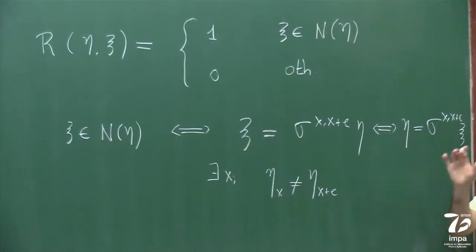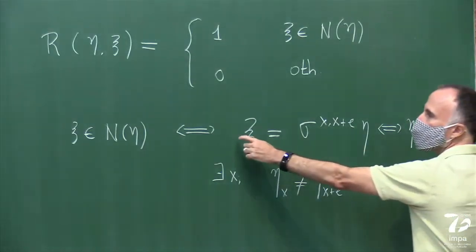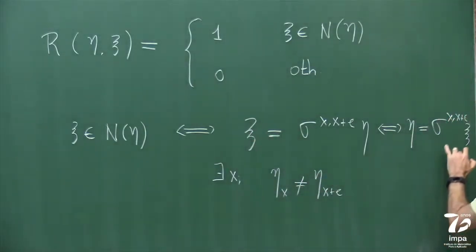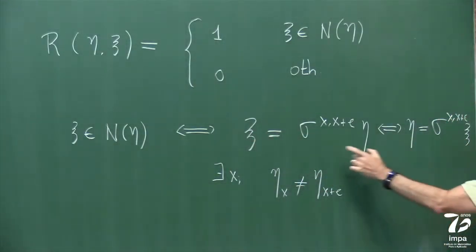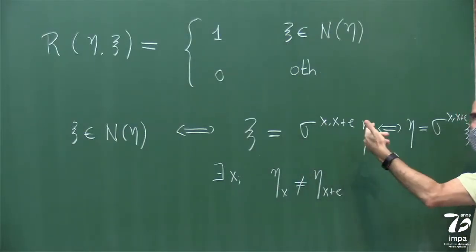So if you have a configuration, then you exchange a hole and a particle, and you exchange it again, you go back to the same configuration. So if I apply sigma_{x,x+e} on both sides, I get sigma_{x,x+e} psi here, and here I get sigma_{x,x+e} eta, which is eta.